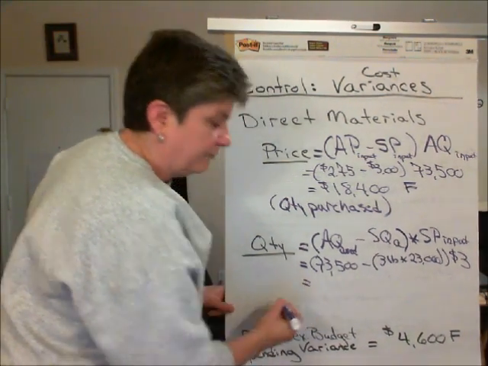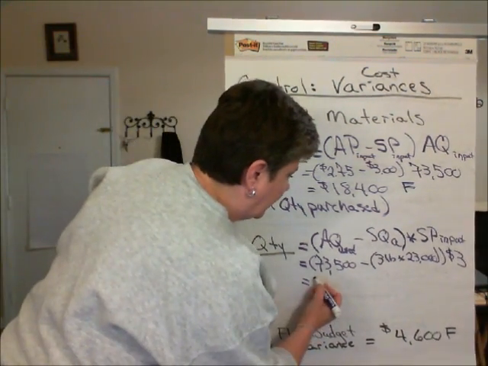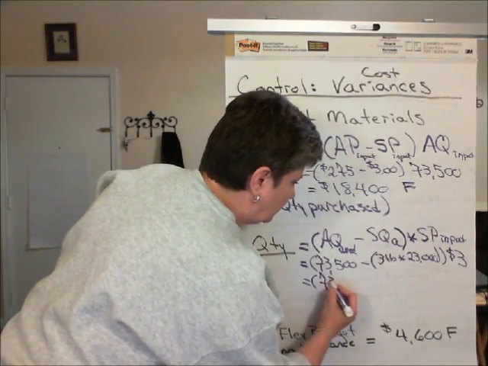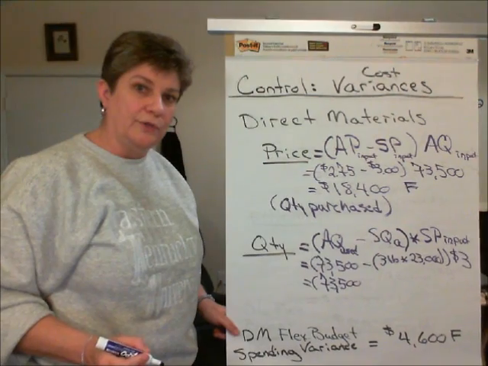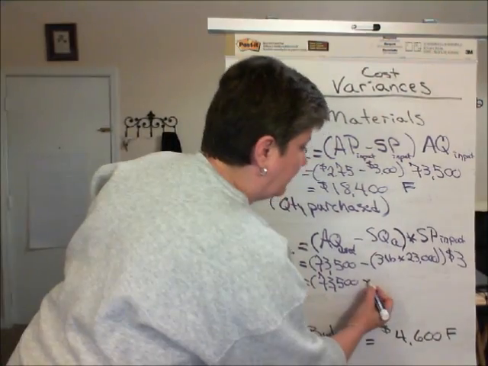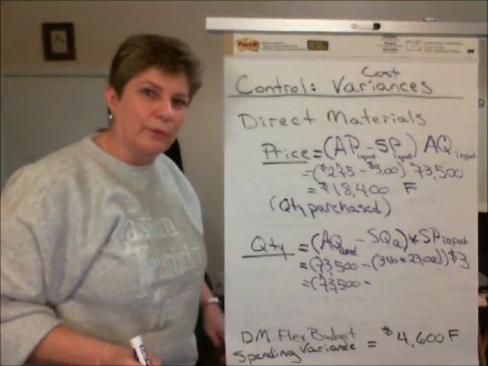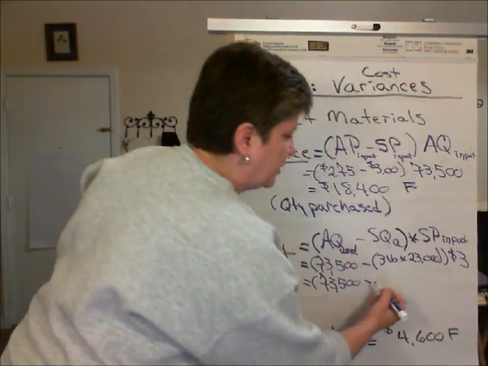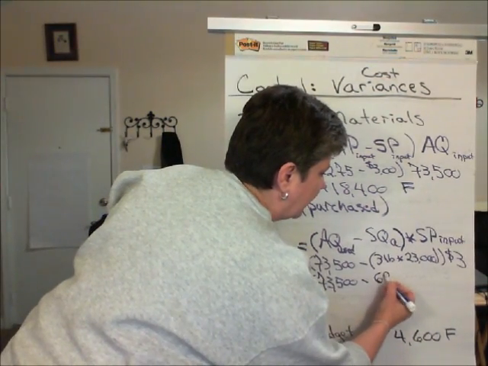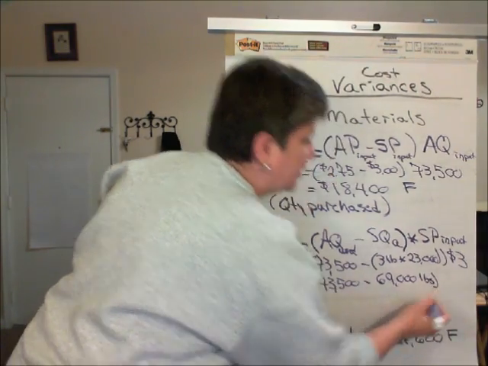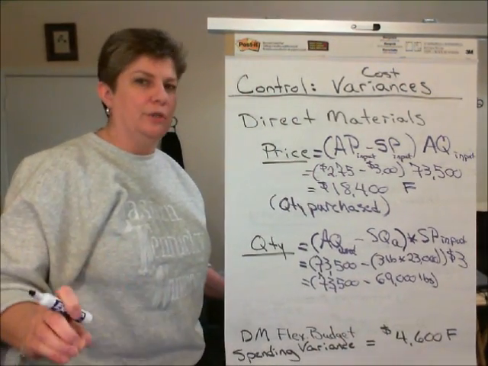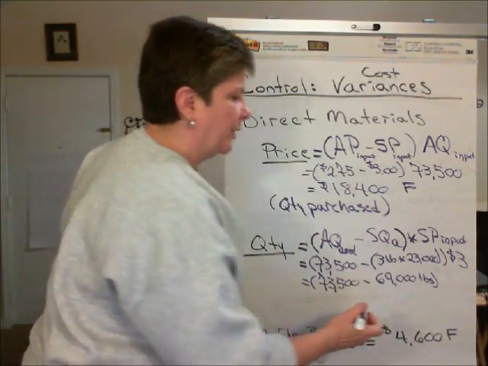So again, fleshing out the math here. Now we've got actual quantity of materials used of 73,500. 3 pounds times 23,000 units of output is 69,000 pounds of material that should have been used to produce those 23,000 units.